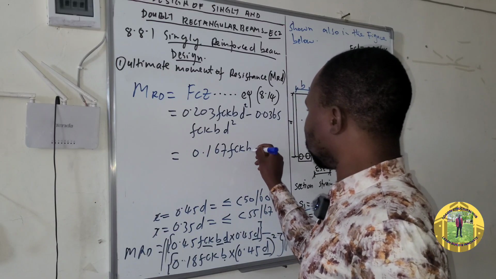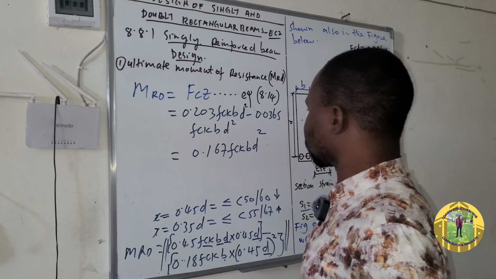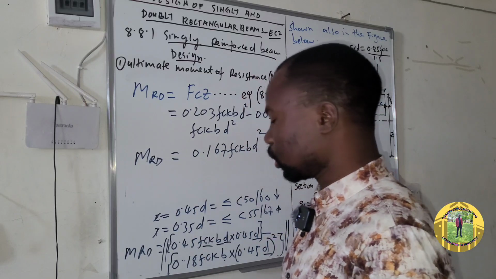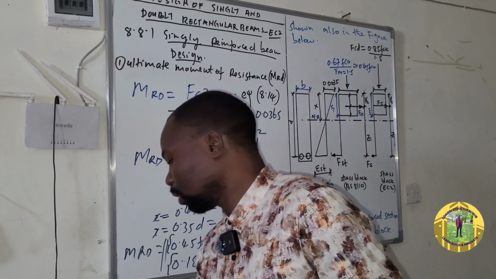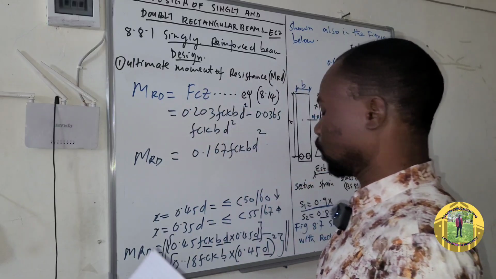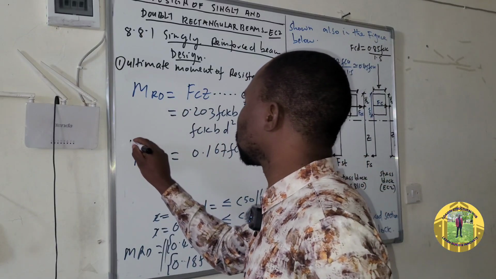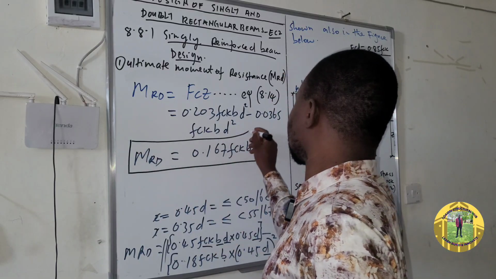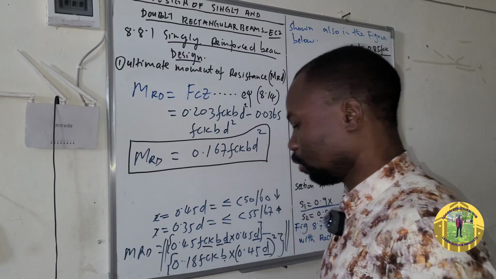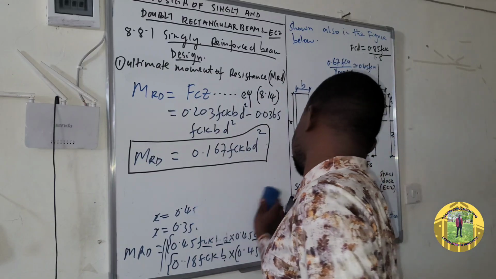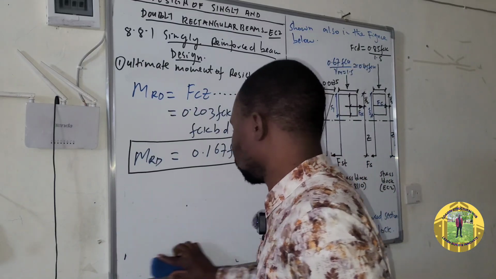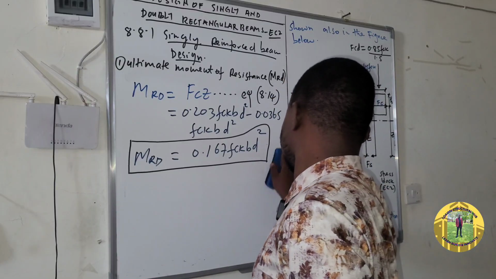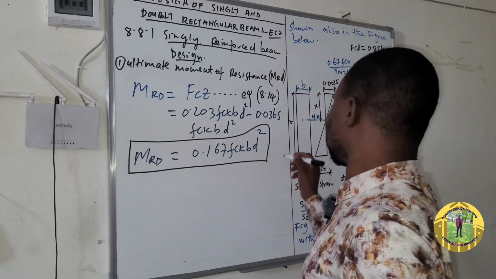FCK BD square. So this is the design formula for moment of resistance. This is Eurocode 2.